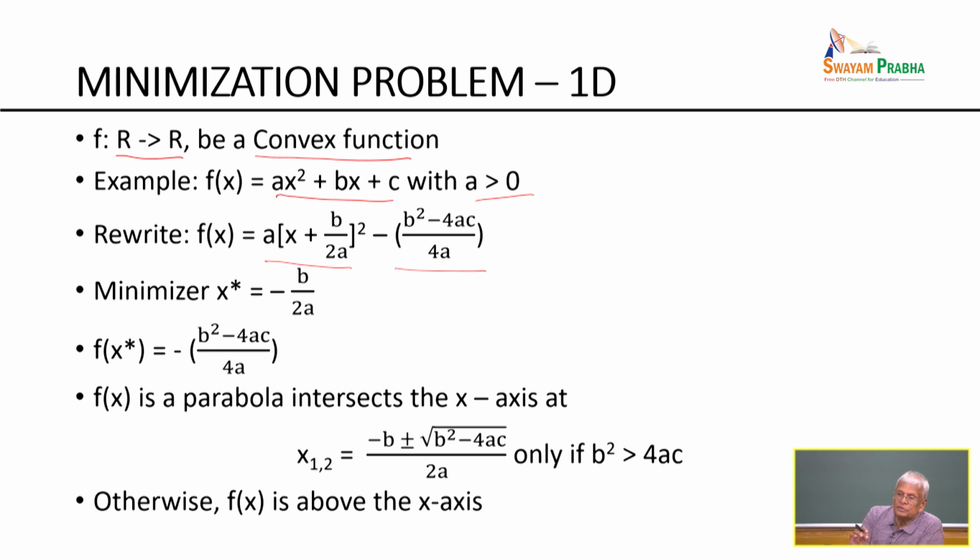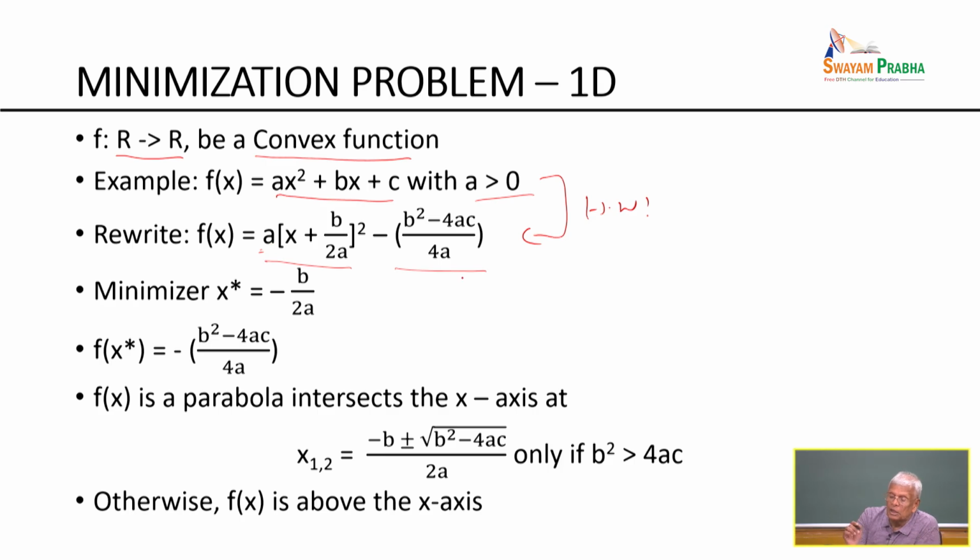To perfect the square, whatever I add, I am subtracting. So, this function, I want you to be able to check, is a homework problem. This is a very simple homework problem. The method is called the method of perfecting the square. So, let us look at the first term. If a is positive, this is positive. The second term is a square, that is also positive.